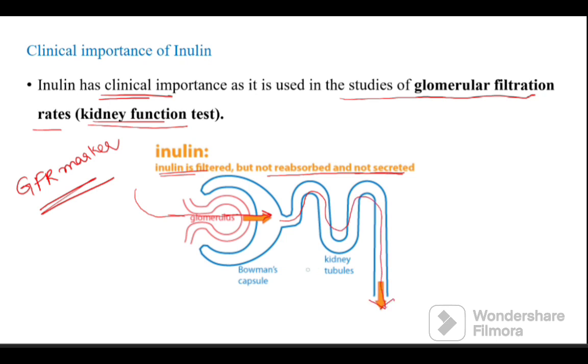If we give 50 milligrams of inulin, the entire 50 milligrams should be excreted, and this tells about the filtration capacity of the glomerulus. That is why inulin is a classical marker for glomerular filtration rate.